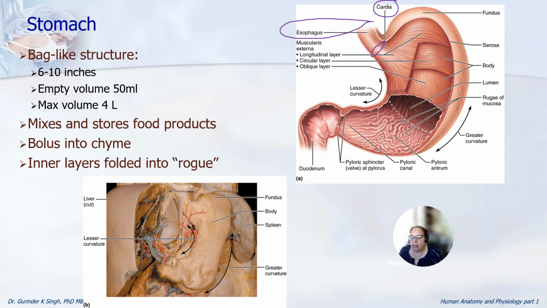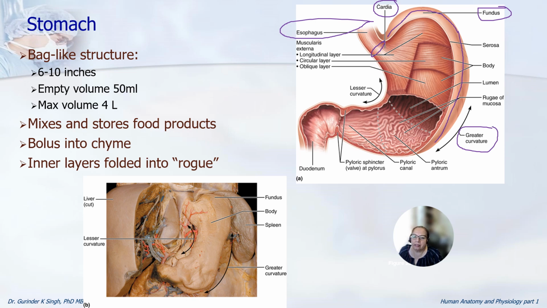Okay, and then the stomach's shape is such that it rises a little bit towards the diaphragm. That region, which is the highest point, is known as the fundus. And then it curves around. So this larger outer curve is known as the greater curvature.